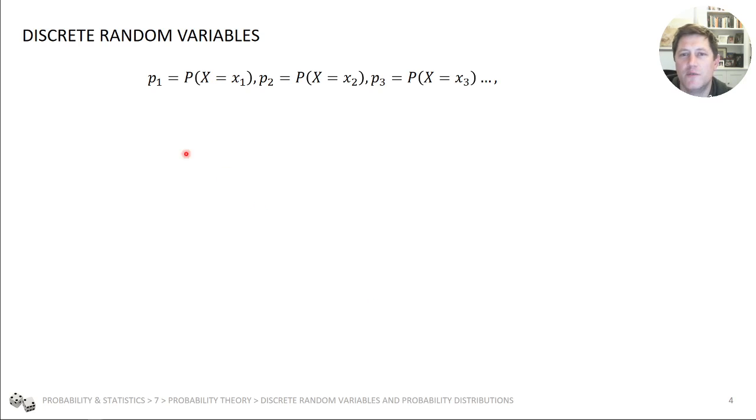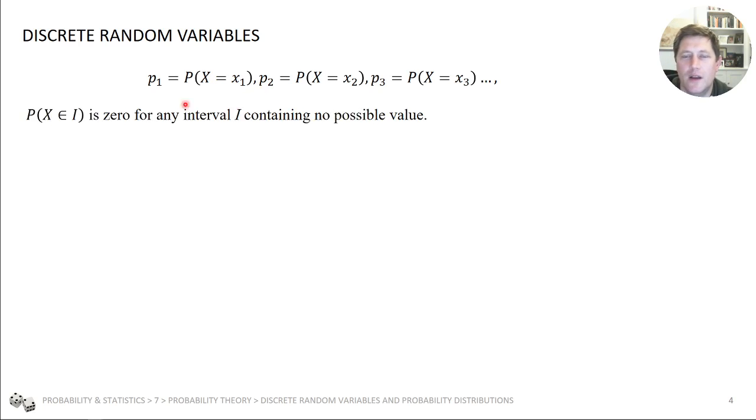So the discrete random variable will have a probability associated with each possible value. So our outcome can have a value of x1, and the probability of that is p1. It can have a value of x2, and the probability of that is p2, and so on. And for any other value of x, the probability is 0.